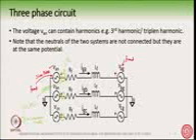Since this is a common mode voltage, if you see the circuit, it will not be able to inject any current, because it is the same for all the three phases, so there cannot be any current.